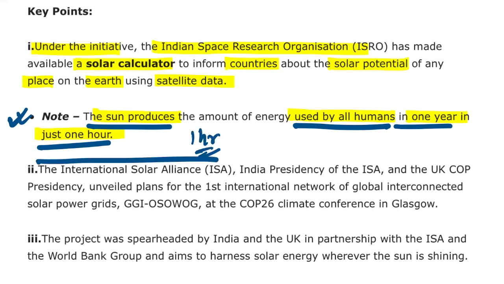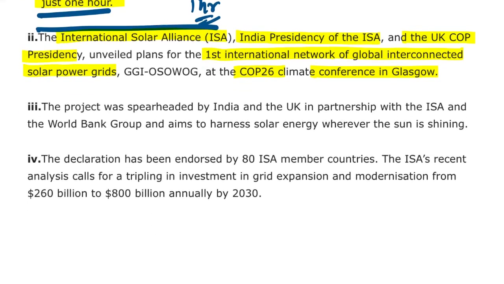Coming back to ISA, where is the headquarters of the International Solar Alliance? It is in Gurgaon, Haryana. India's presidency of the ISA and the UK COP presidency unveiled plans for the first international network of globally interconnected solar power grids at the COP26 climate conference that took place in Glasgow, Scotland, United Kingdom, along with Italy.